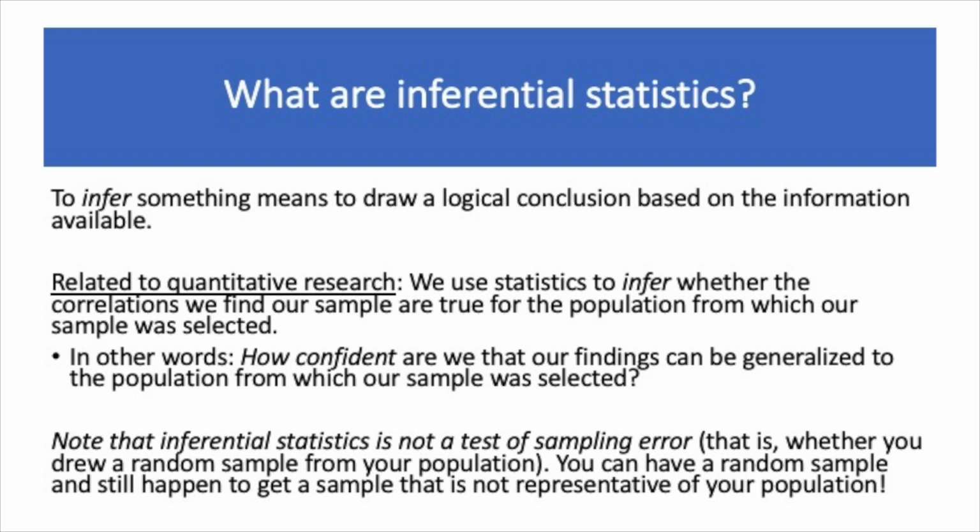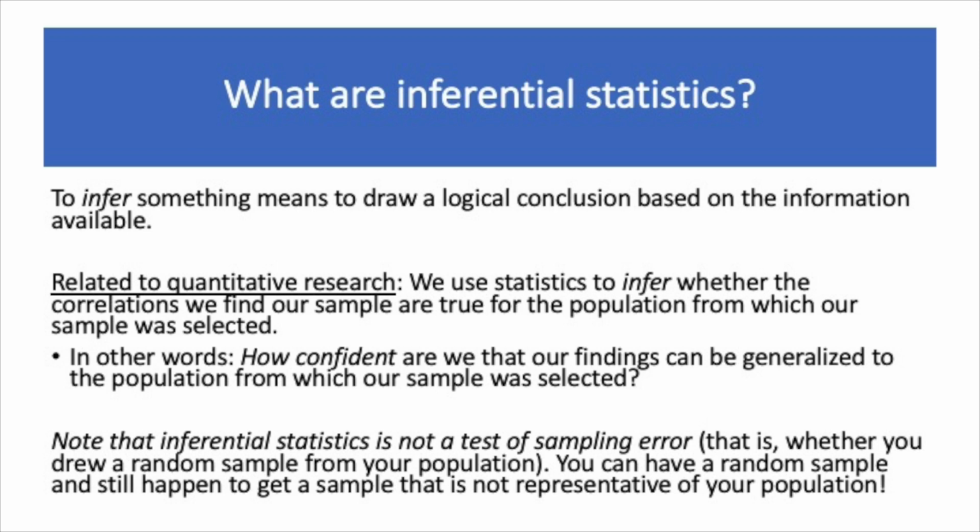I do want to say there's one big caveat here. Inferential statistics is not a way of testing sampling error. That is, we're not testing whether we drew a random sample from our population. We can have a random sample and still happen to get a sample that is not representative of our population. Okay?